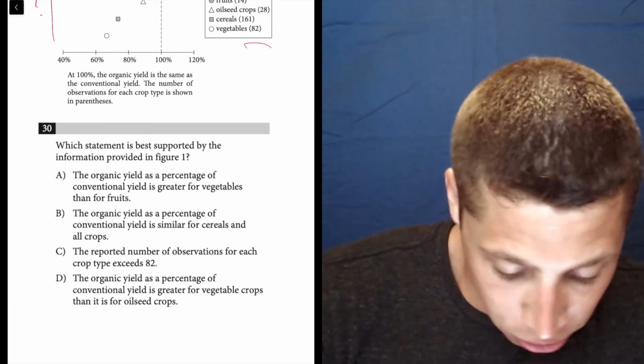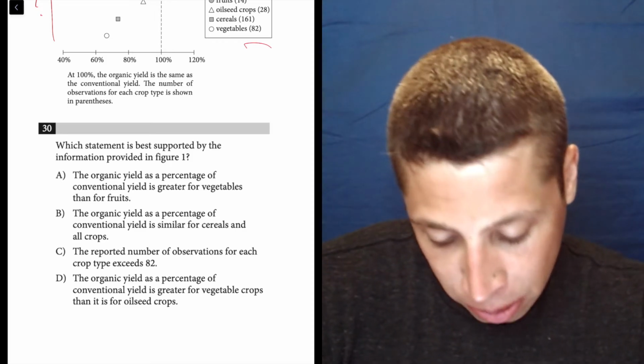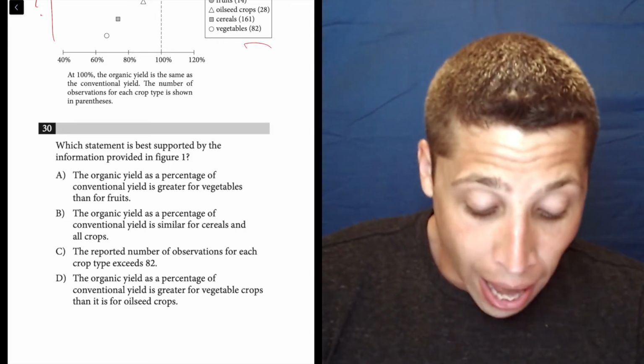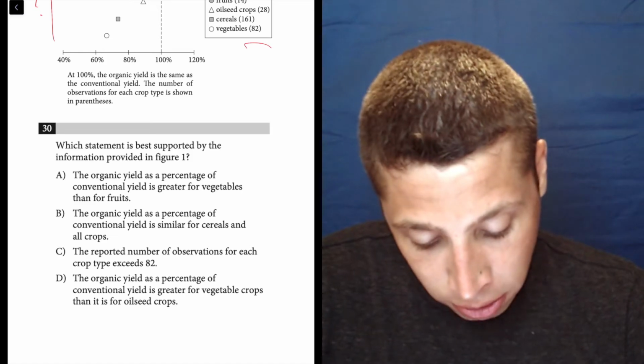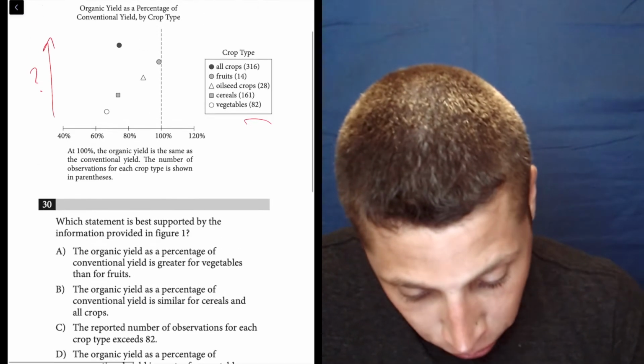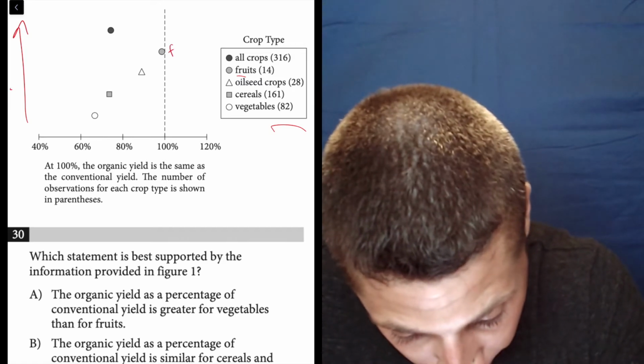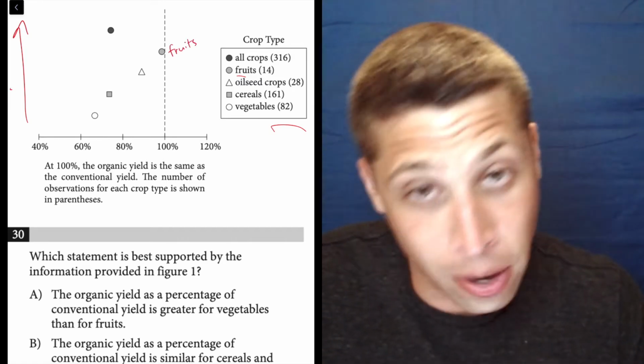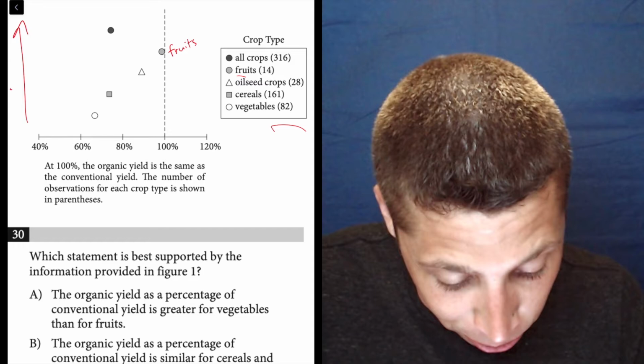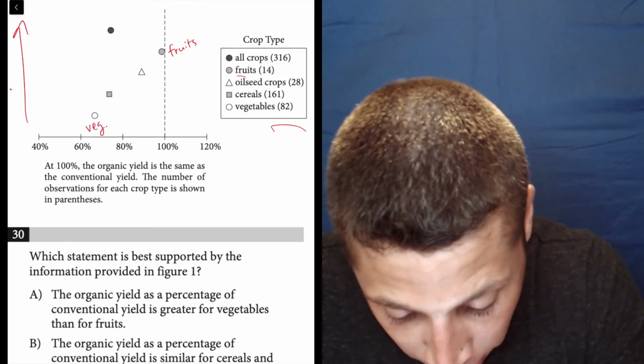So first and foremost, they're just asking, what statement is best supported. So A, the organic yield as a percentage of conventional yield is greater for vegetables than for fruits. So here's fruits, that's right here. So not looking good, because that's already the one all the way to the right, and here's vegetables.